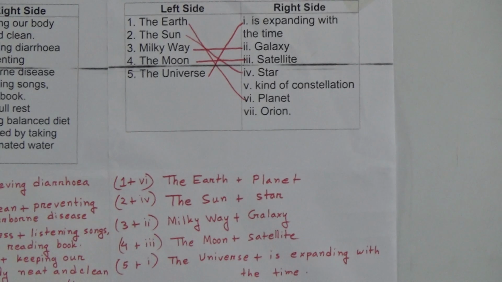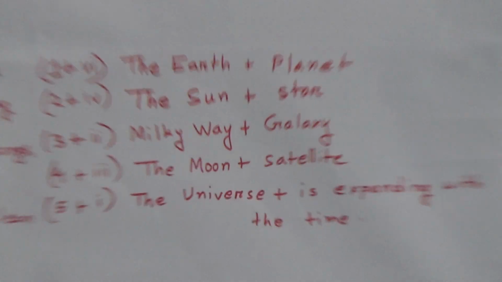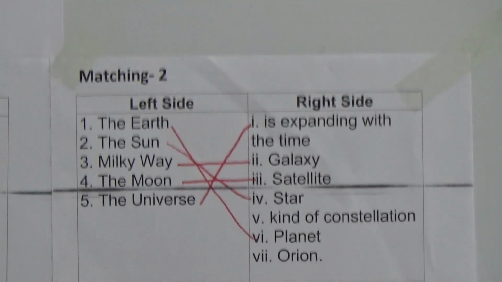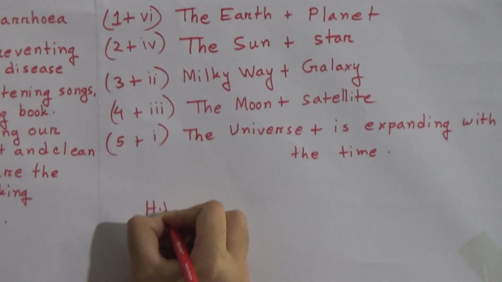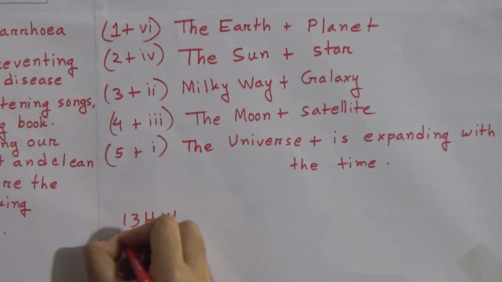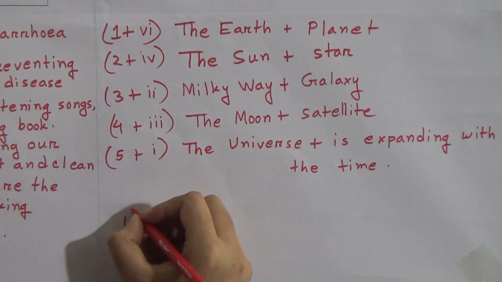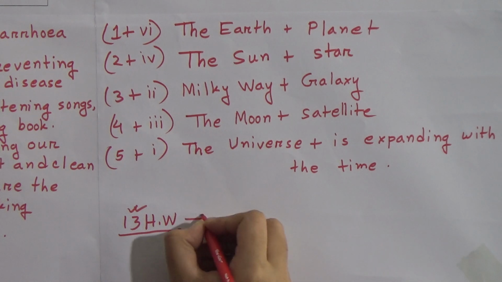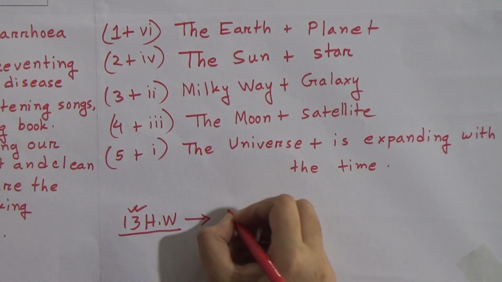So, dear students, I hope I have finished my today's topic. Now I will give you SW. Our today's SW is number 13. Please write down your SW number on your SW copy, and your SW will be matching number 1.